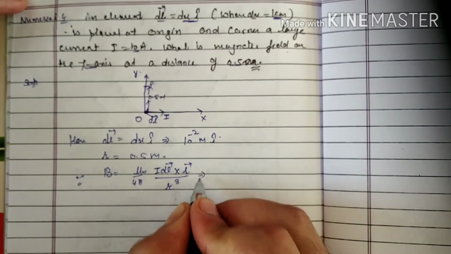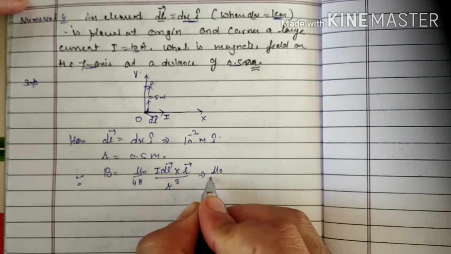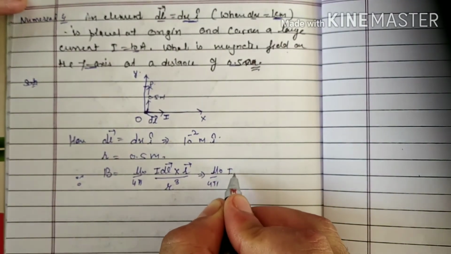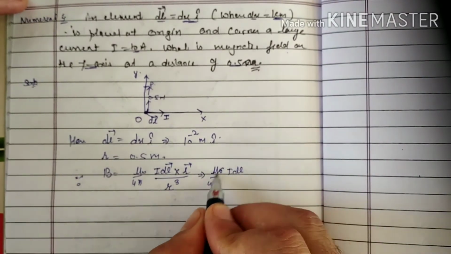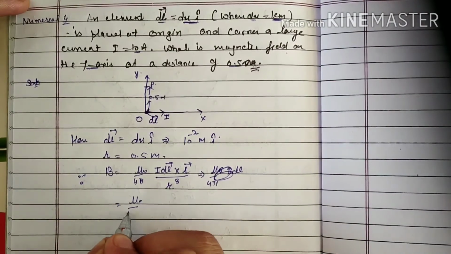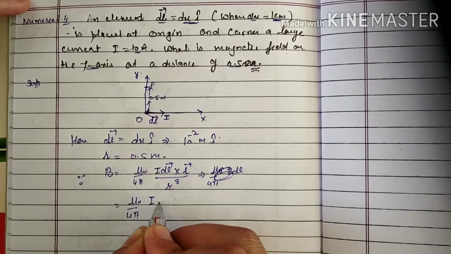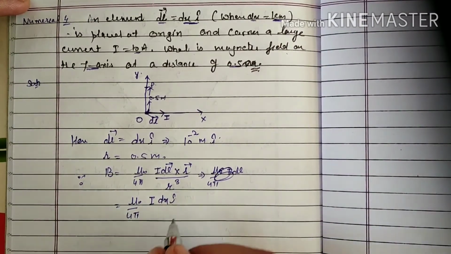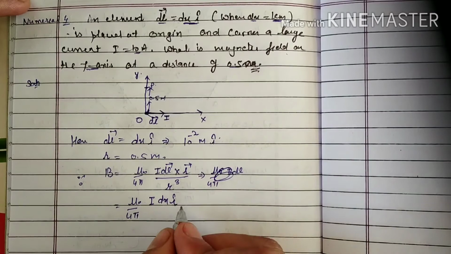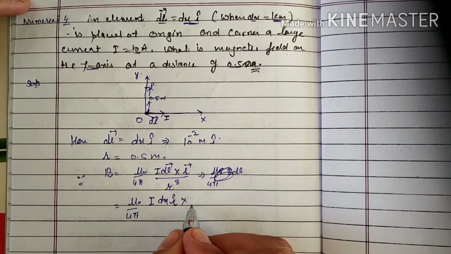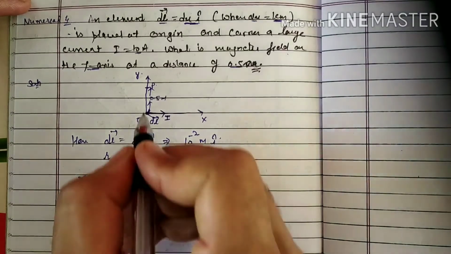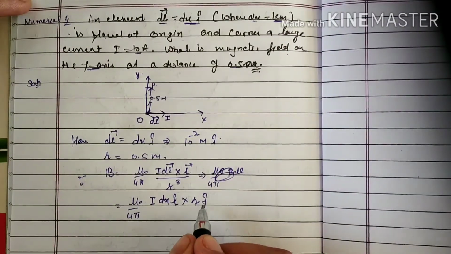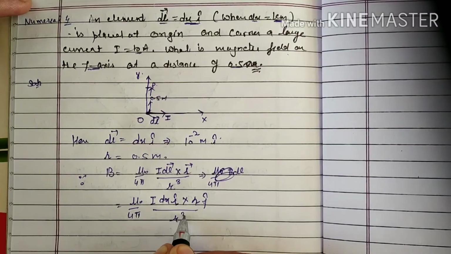So here we will write mu naught upon 4 pi, I dl, and dl is given as dx i, and r is along the y-axis, so we will take r into j vector, divided by r cube.